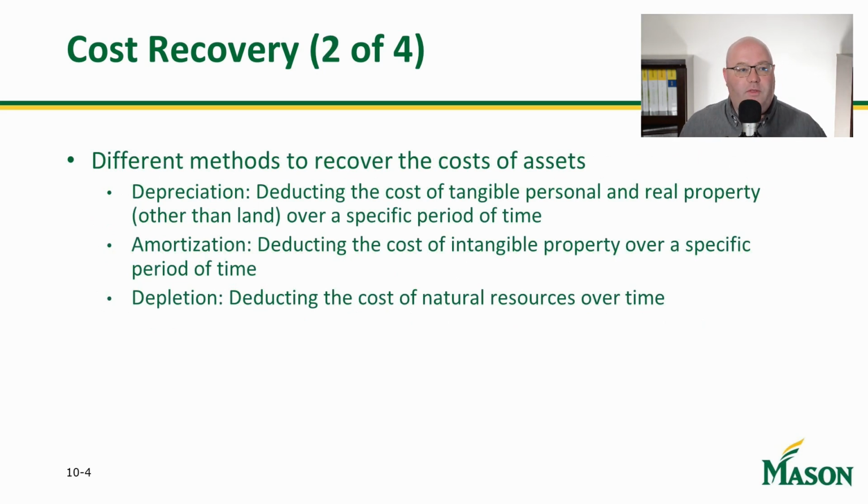So different methods, like we said: depreciation is deducting the cost of tangible personal and real property over a period of time. Amortization is deducting the cost of an intangible over a specific period of time. And depletion is also deducting resources over time. Now, what's going to trigger some of this? It depends on the asset itself. Time is by far the most common. Depletion is probably one where you may not necessarily be doing it over time.